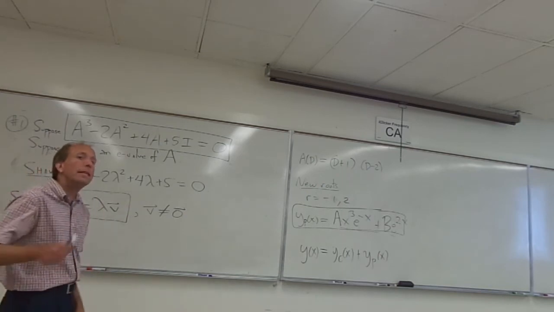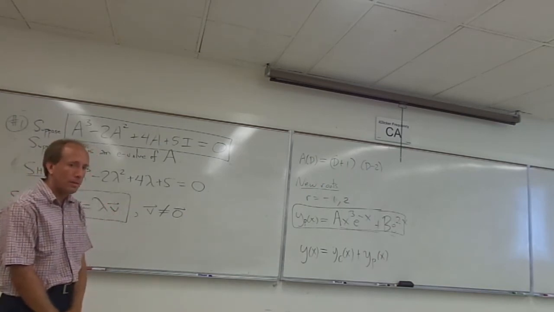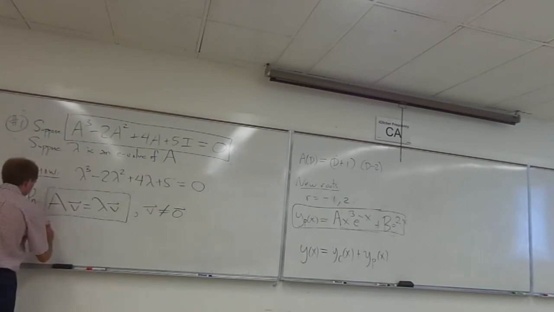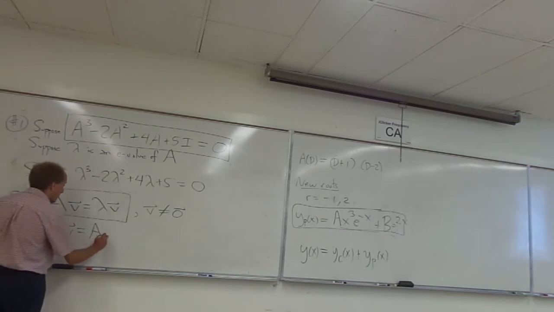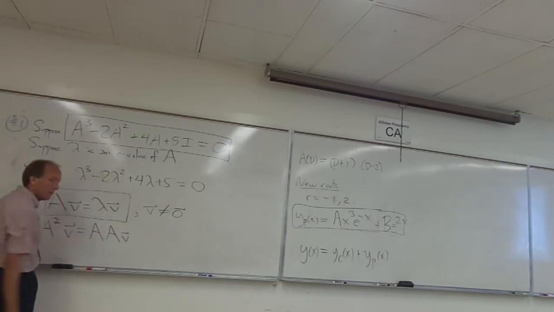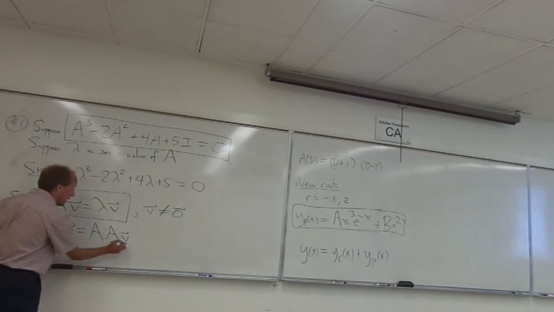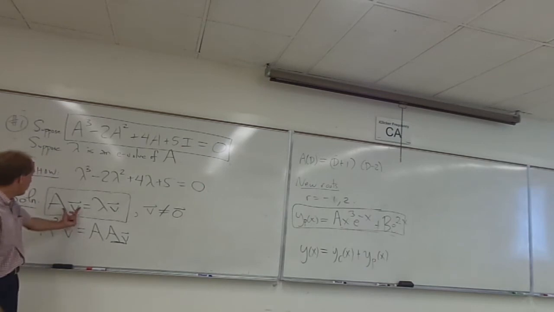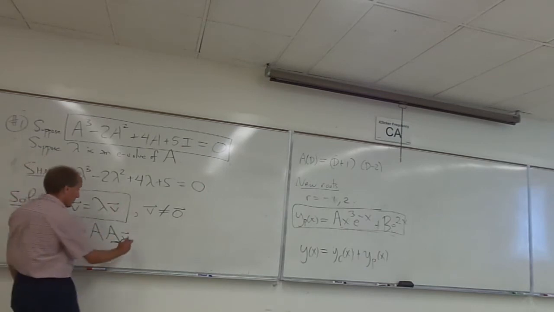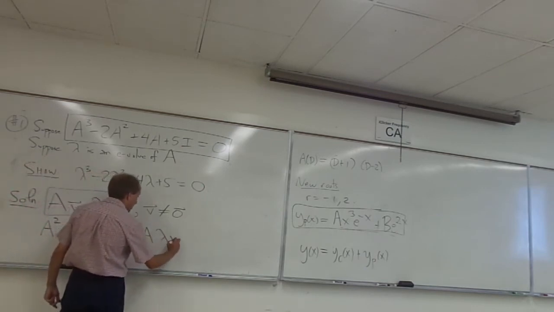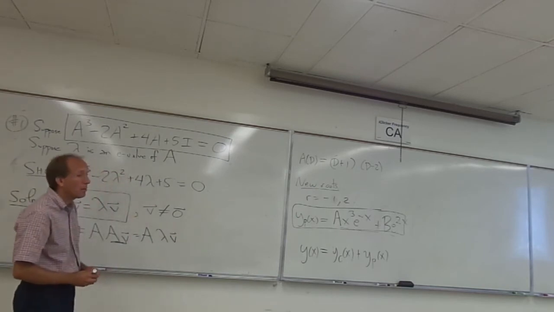I feel like A squared times a vector v is near what we want. Let's just look at this. Exactly. What is A squared times V? This just means A times A times V. And then you see your AV right there, which you can change to lambda V. So this becomes A lambda V. Well, we have to be so careful.